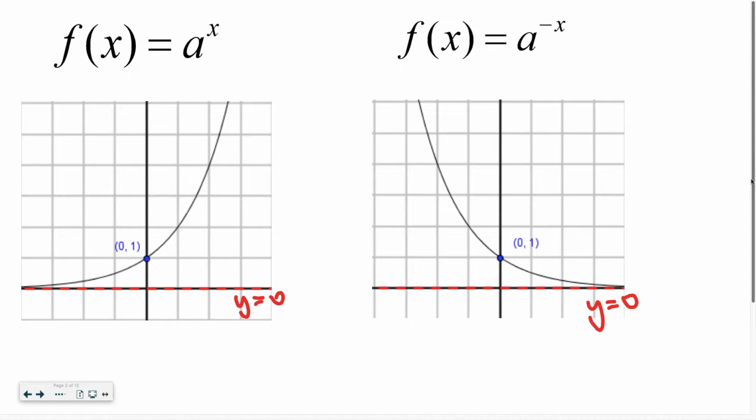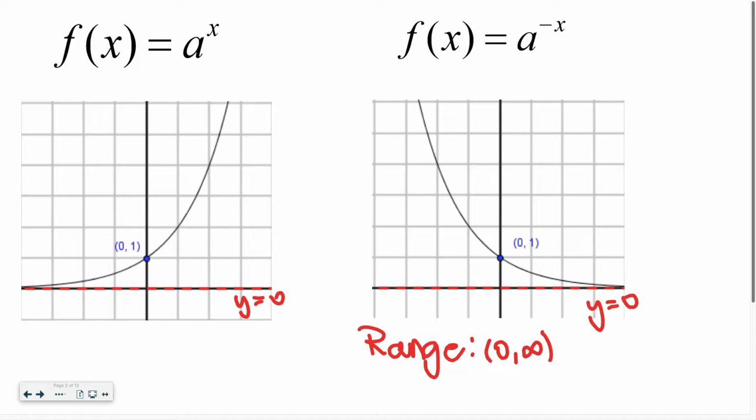For both of these graphs, what's the range? For growth, it goes from 0, because that's our asymptote, to infinity, and then for our decay, it goes from 0 to infinity as well.